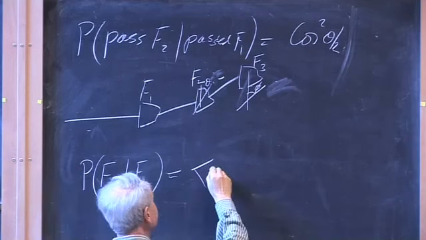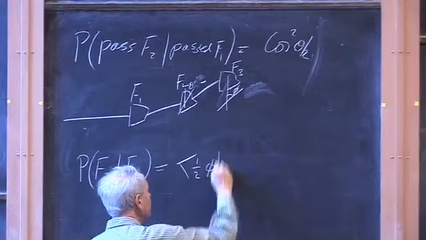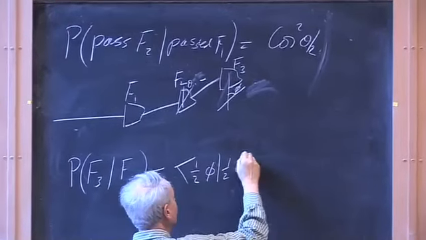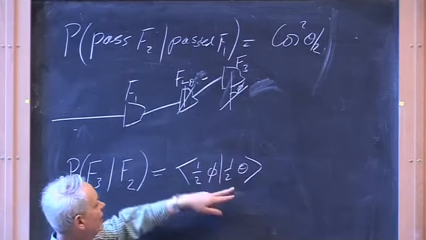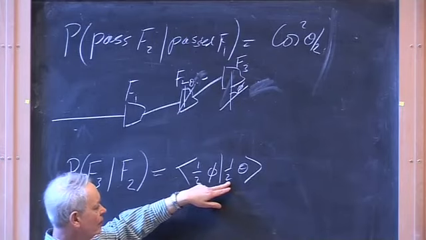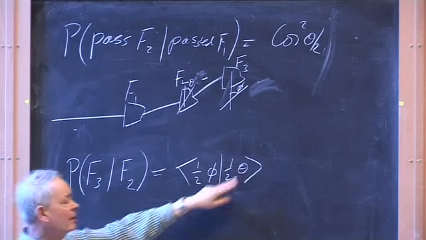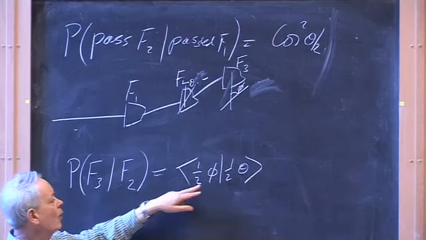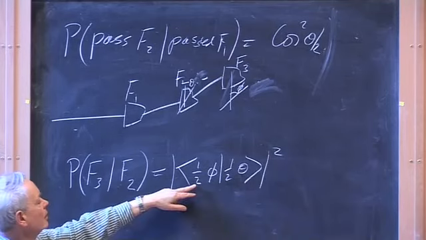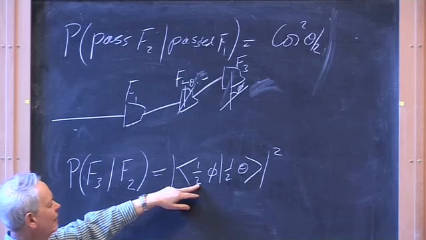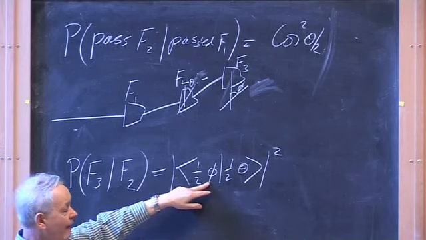This will be a half on phi, a half on theta. So the output from this filter definitely has particles with plus a half component of angular momentum in the direction defined by theta, and I want to know the amplitude that those particles will definitely give me a plus a half if I measure in the direction defined by phi.